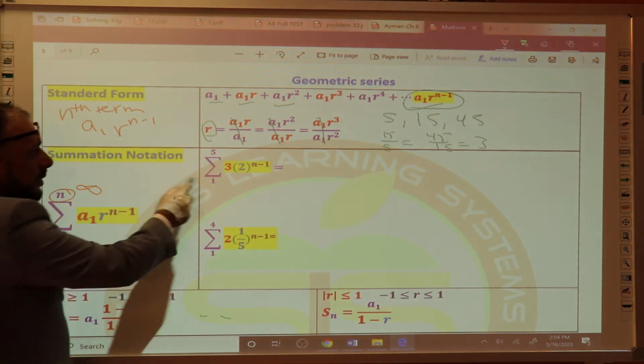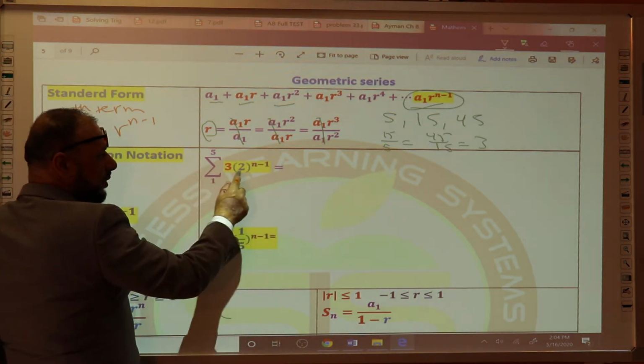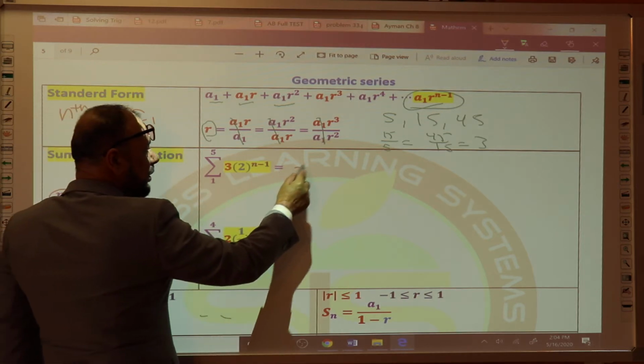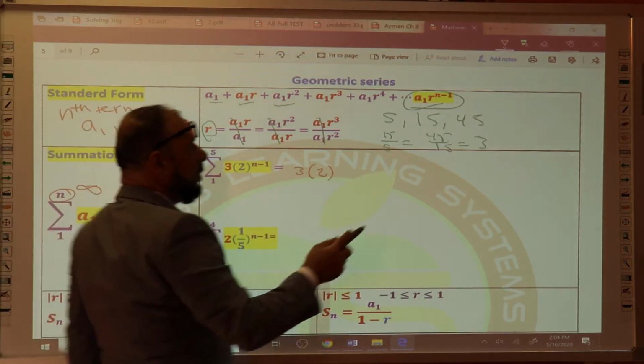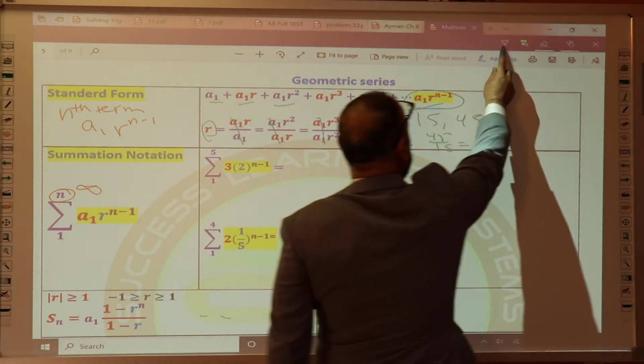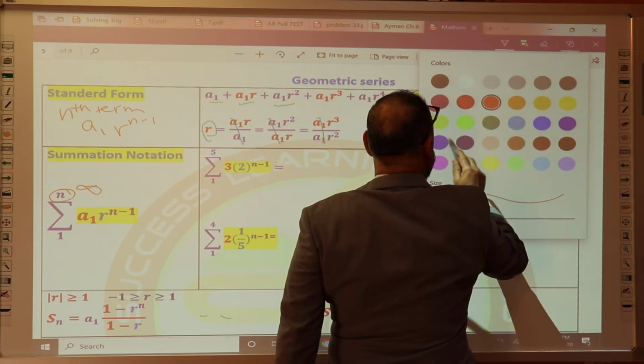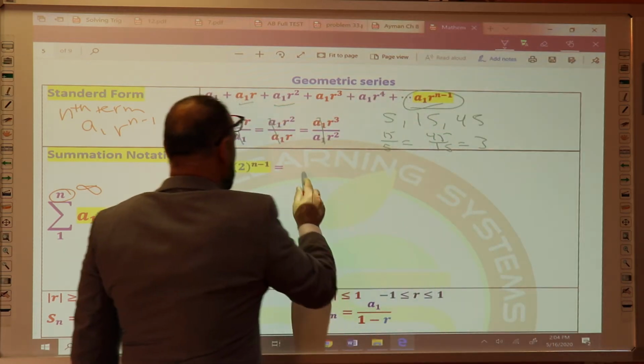Look here, this is an example from 1 to 5. I'm going to do it for you, this guy: 3 times 2. Somebody here is telling me to use a darker color.